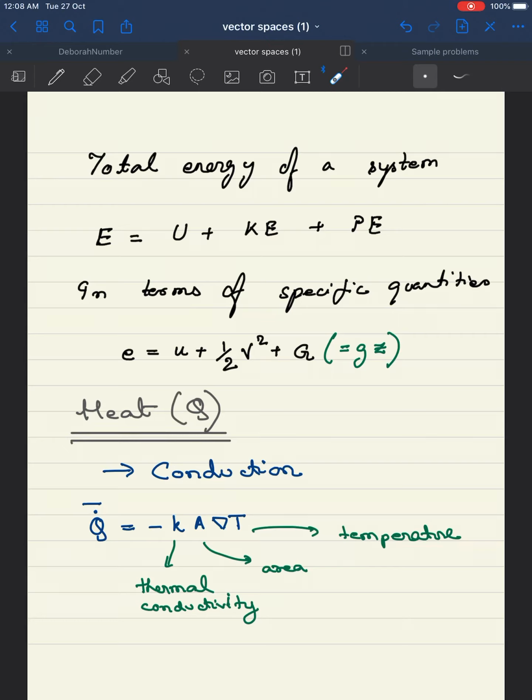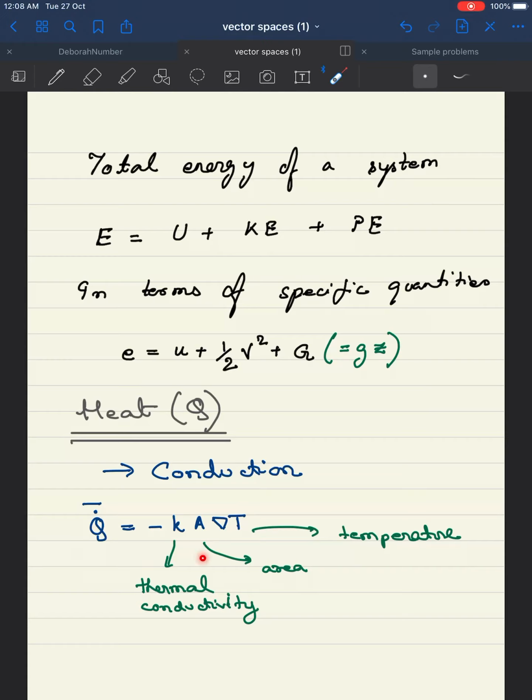Okay, so K need not be a scalar, but for most materials which are nicely isotropic and uniform, K is a simple material property, and it's a scalar quantity as well.